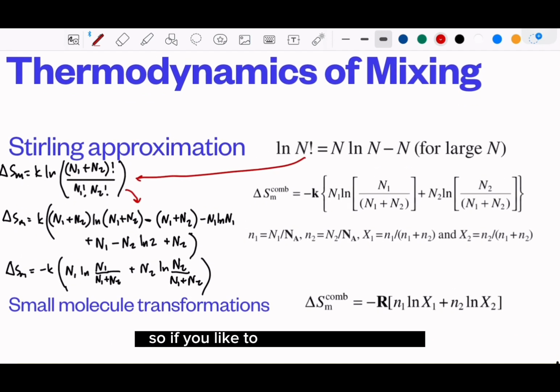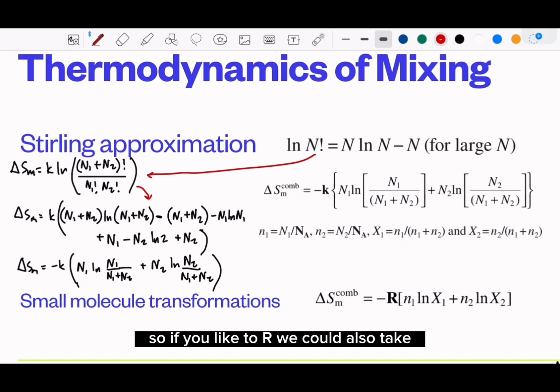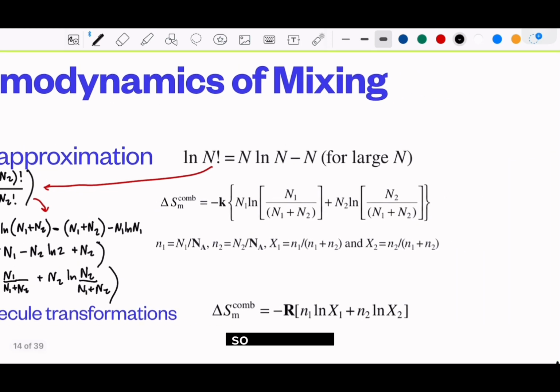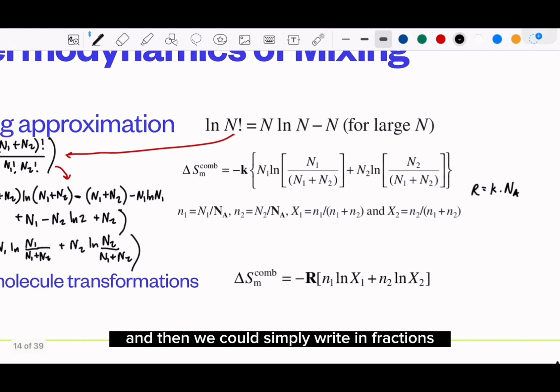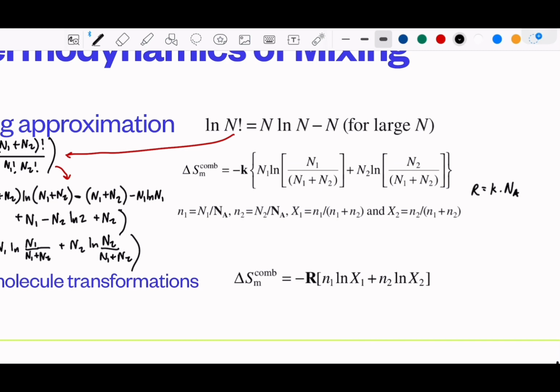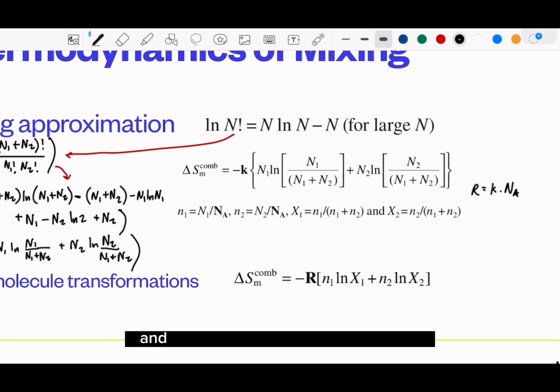So if you'd like to write R, we could also take R as K multiplied with, I forgot the numbers. And then we could simply write in fractions that this is going to be negative R, change from K, and then N1 and the fractions, and the second material fractions.